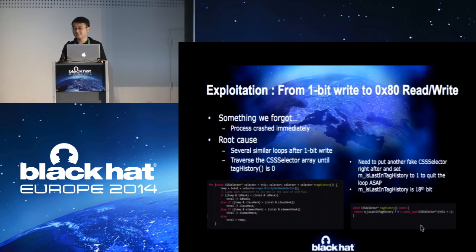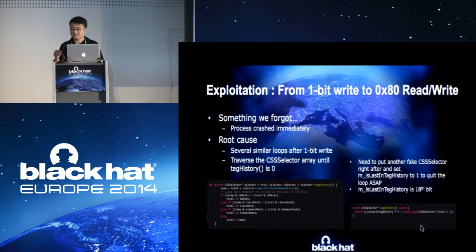However, something we forgot: if you do this memory layout immediately, you can see that the process crashes. This is because just after that 1-bit write, there is a loop. That loop will traverse the whole CSS selector list until it finds the last CSS selector.